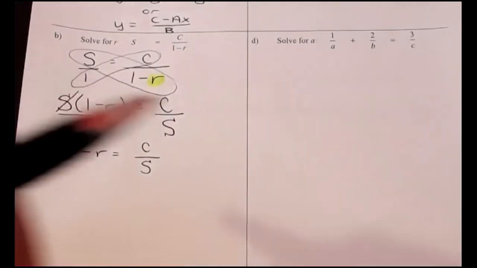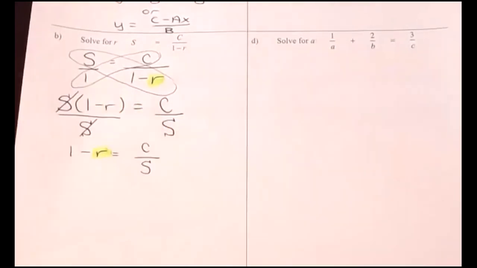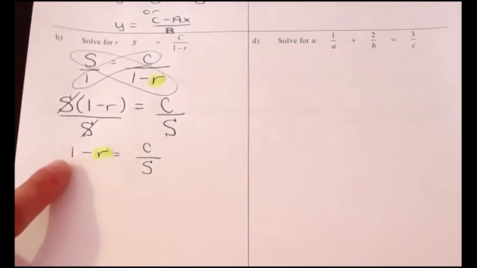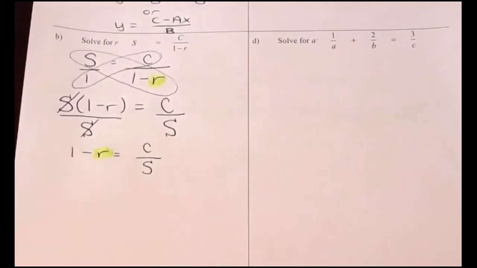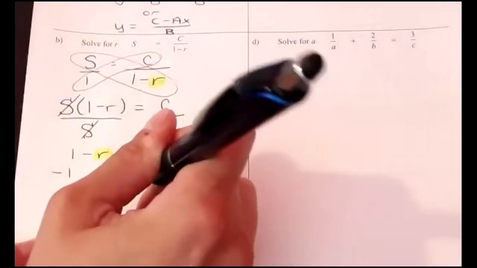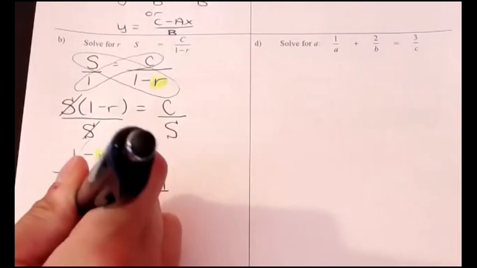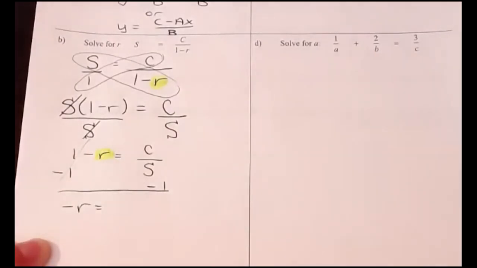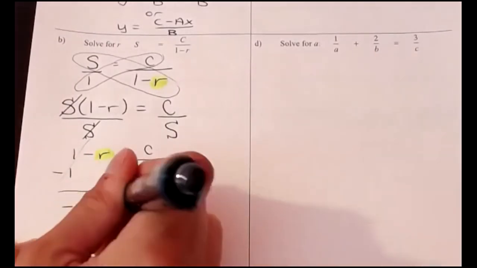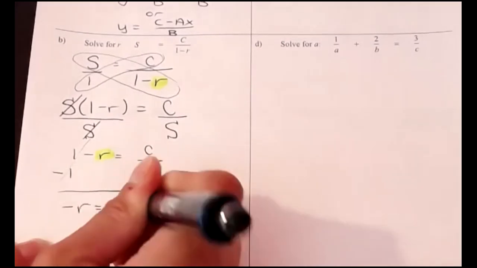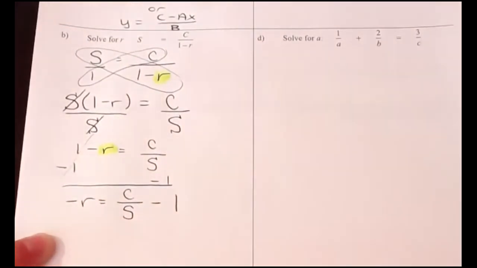I'm going to highlight r again because my goal is to get it by itself. On the same side as r, we have a 1. How do I get rid of this 1? Subtract. So now I have negative r is equal to c over s minus 1.